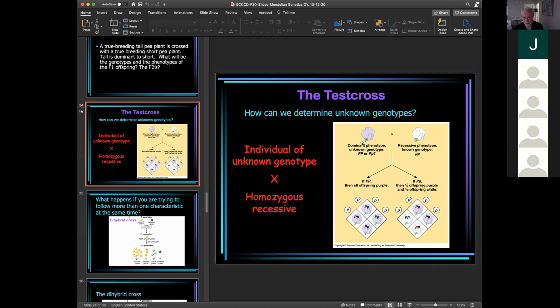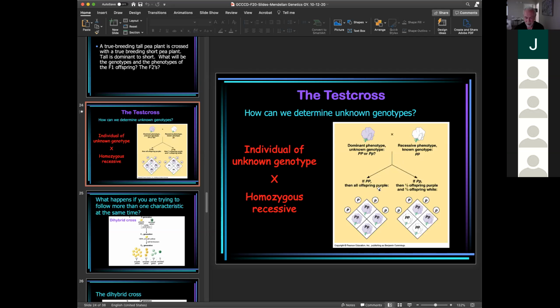You know that it has at least one big P allele, but you don't know if the other allele is big P or little p. So how do you determine which it is? You cross it to a plant whose genotype you know, one with a white flower, which you know is little p, little p. So that you have two possible outcomes.